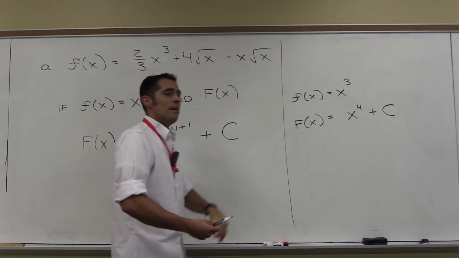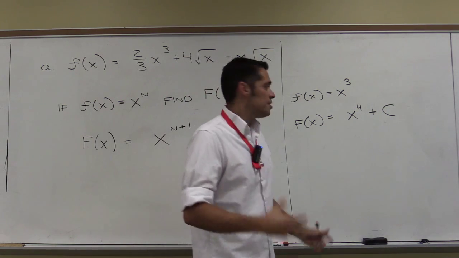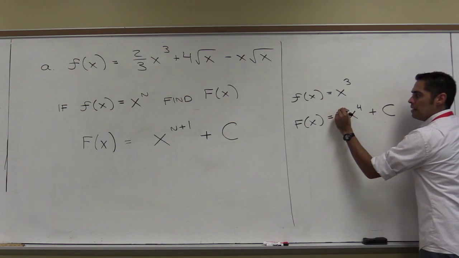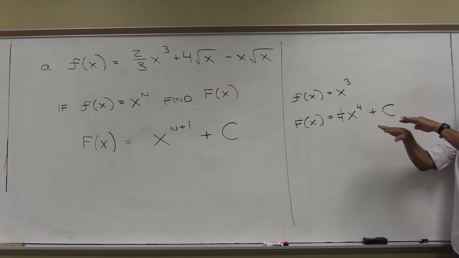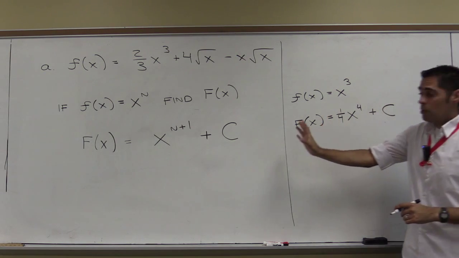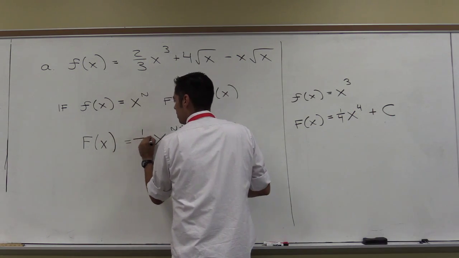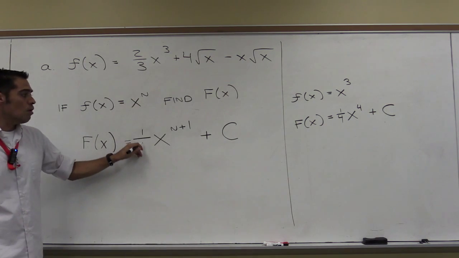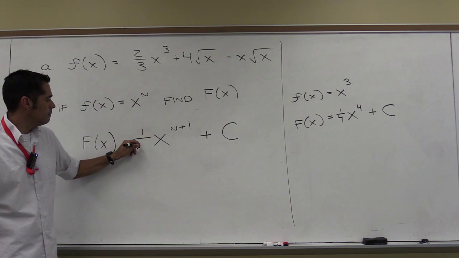So how do we eliminate that 4? We divide by 4, right? Instead we would need a 1/4 here, wouldn't we? And then when the 4 came out, it would wipe out the 4 and we would have the x cubed, yes? So that's exactly what we're going to do in our formula. Out here in front of this, we're going to multiply it by 1 over this power, n plus 1.